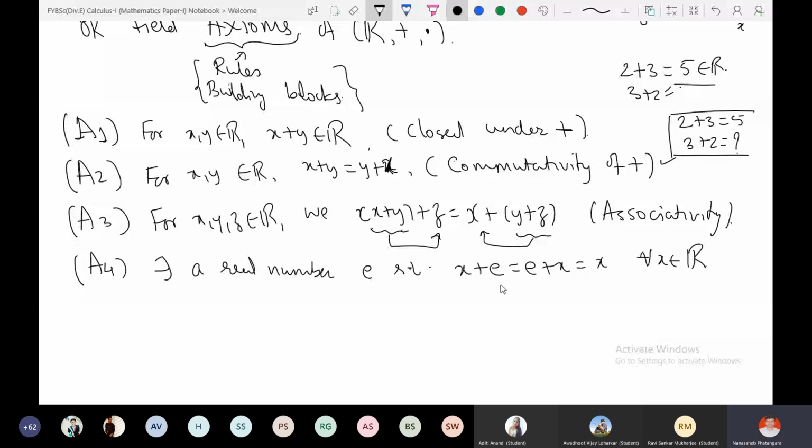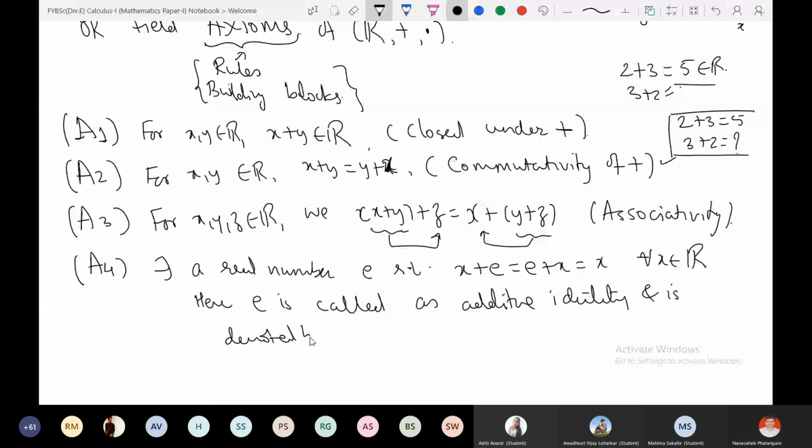Do you realize such a number in the system of real numbers? Yes, sir. So what is that number? Sir, 0. Zero. Very good. So the E is called the additive identity, and is denoted by 0, a very special symbol 0.